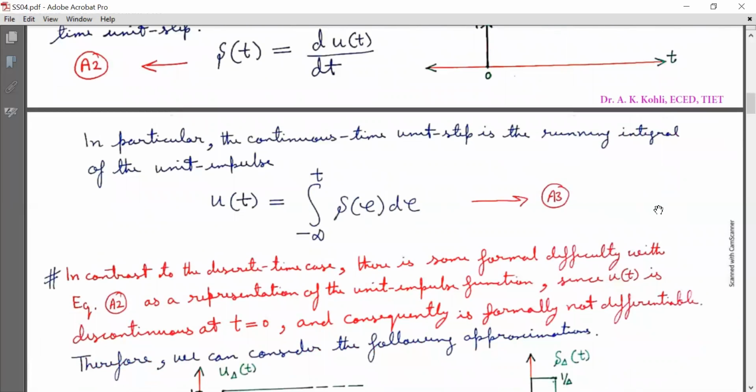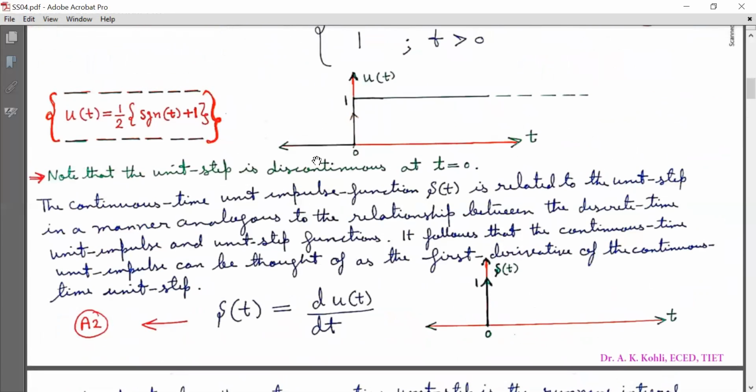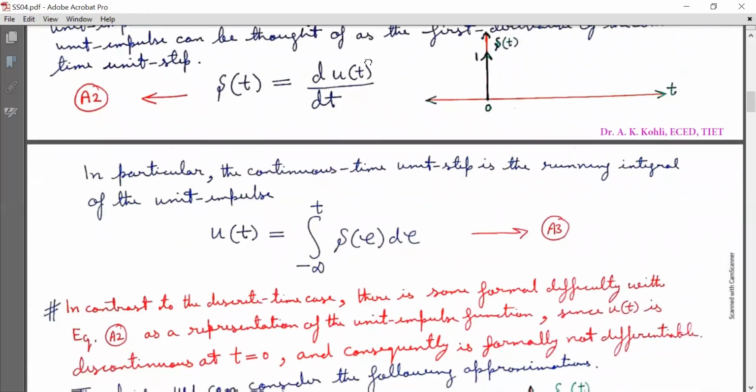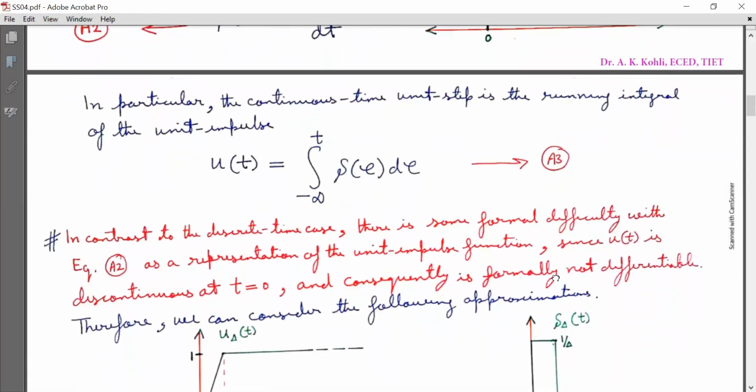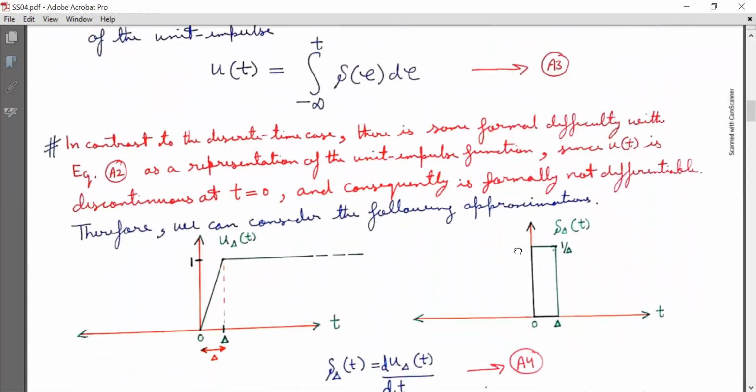Since u(t) is discontinuous at t equal to 0, look at this, u(t) is discontinuous at t equal to 0, and consequently is formally not differentiable. Therefore, we can consider the following approximations.